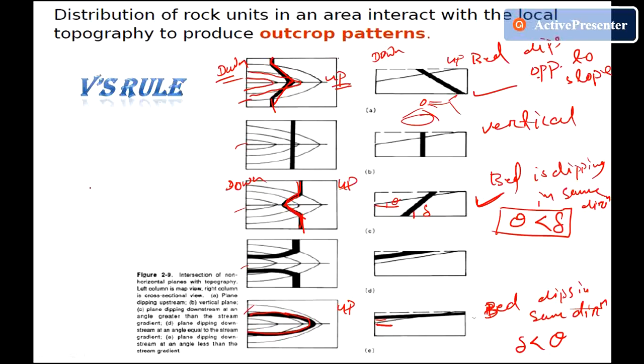as I have told, a horizontal bed means it will contain points of equal elevation, right? And what are contours? Contours are lines of equal elevation.